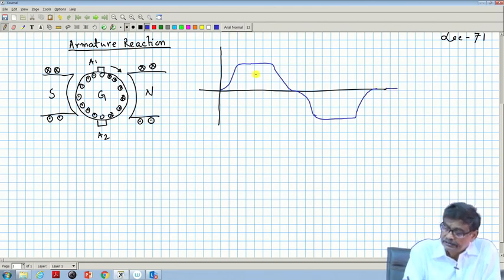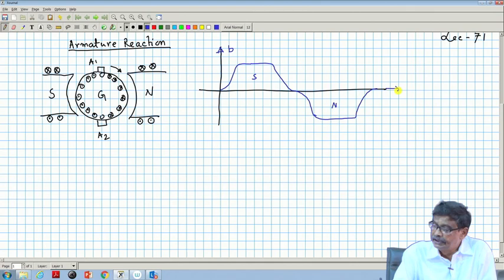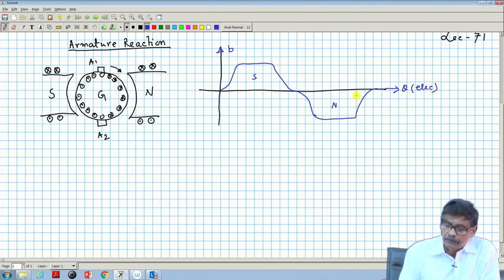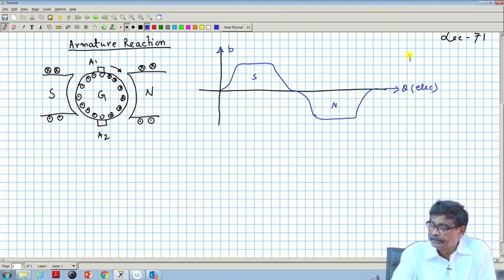This is the south pole and this is the north pole, and this is the flux density B distribution along the air gap of the machine. Mind you, this angle is in electrical degrees. So, this will be the B distribution when there is no armature current, that is, I_a equal to 0.